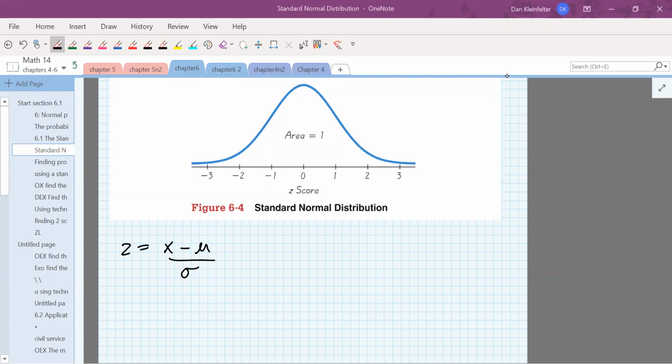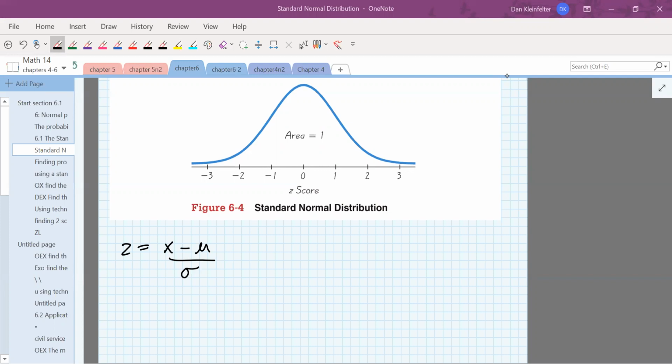The z-score is basically a measure of the number of standard deviations a particular data value is from the mean. We saw this formula in chapter 3, that z is equal to x minus mu over sigma. X minus mu is the deviation from the mean, and it's put into units of standard deviations.